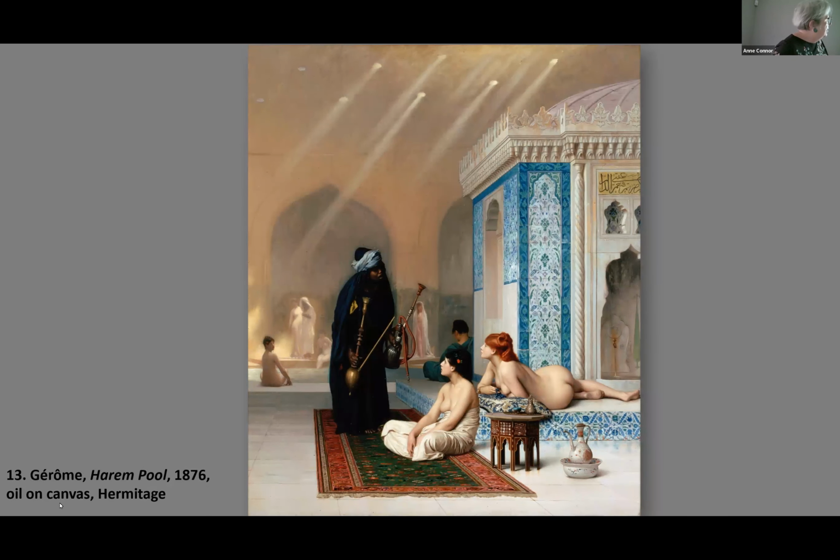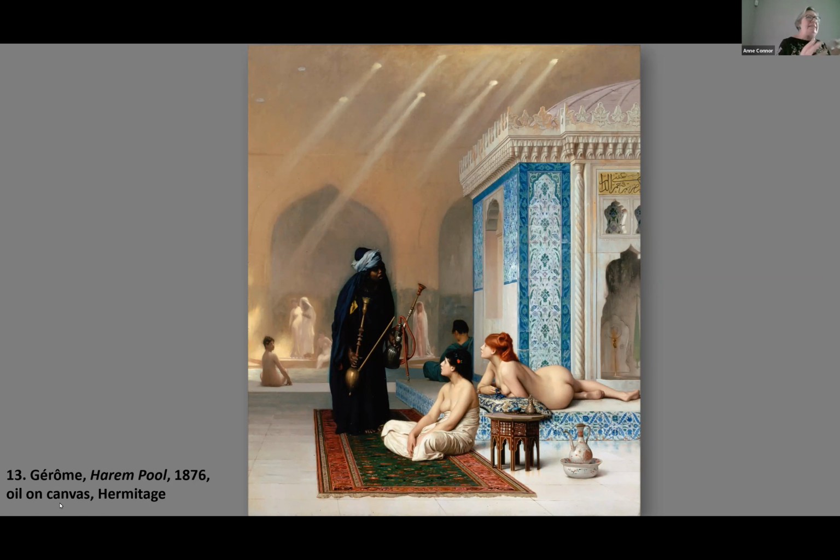And here the slave coming with a hookah for those that want to enjoy it. But again, showing a scene that would not be exact that way. And this is the harem pool. So again, it's giving that idea that this was a place where the Sultan had his choice of women and would enjoy it.